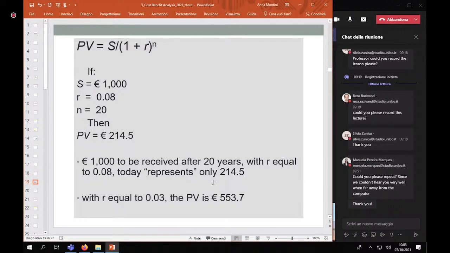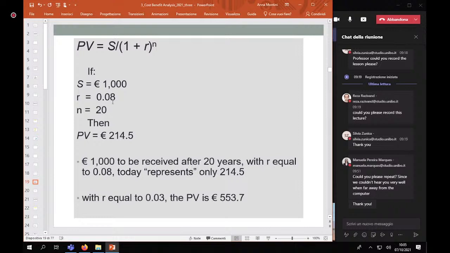Okay. Let's give a look to this example. Here I am calculating a present value for an amount of money S equal to 1,000 that I have to receive 20 years from now, and I am considering a discount rate equal to 0.08.